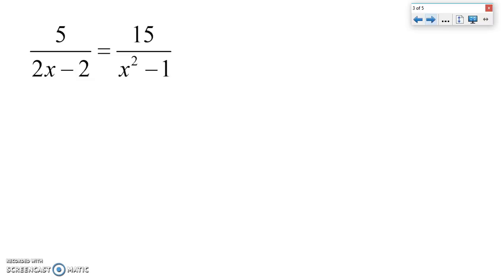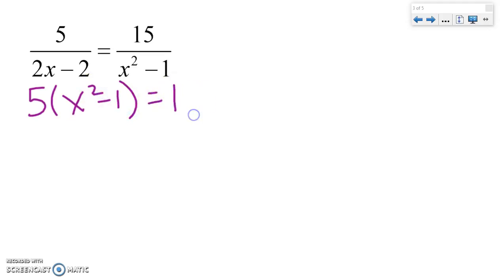So I'm going to do my cross multiplication. So I have 5 multiplied by the quantity x squared minus 1, and that's going to be equal to 15 times 2x minus 2.